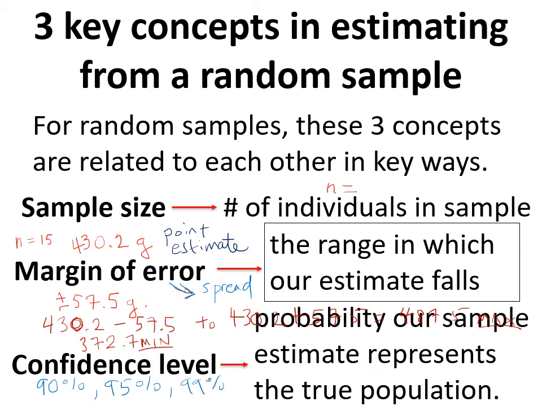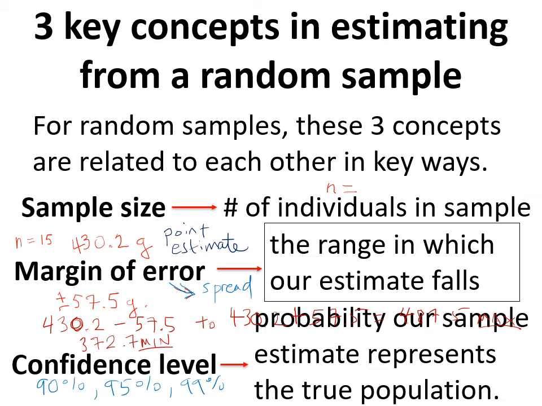So if this were a 90% confidence level, then the average weight of our frogs in our sample is 430.2 grams, and there are some calculations to come up with the margin of error. We're not going to go into those, but what this does is capture the spread or the variability around that mean.